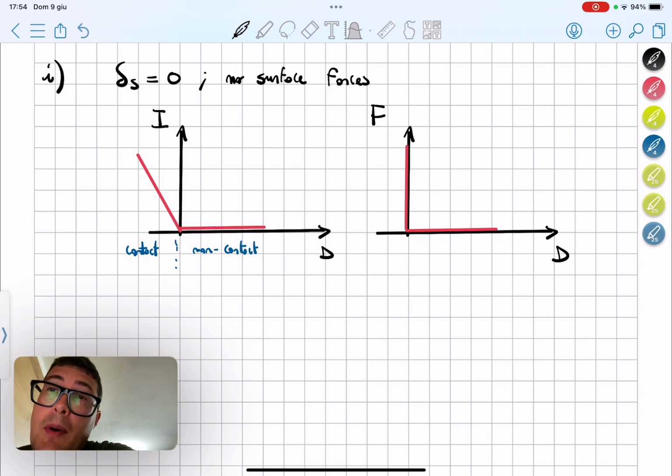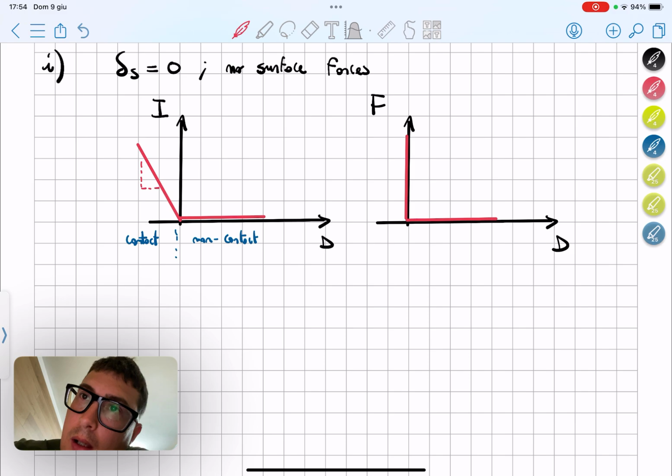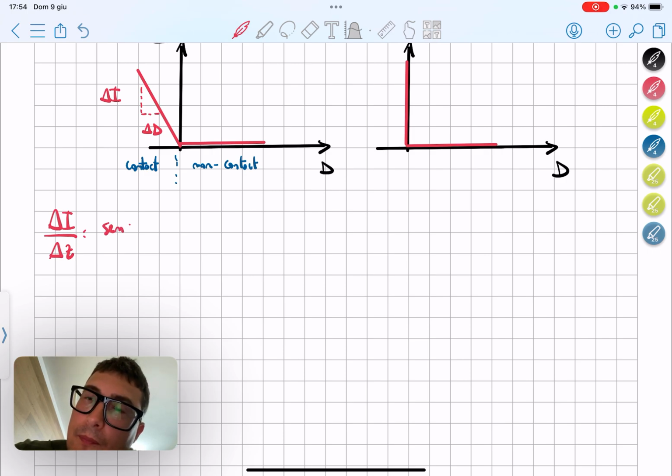What else can we say about this? There is a parameter, the delta I and the delta Z, or delta D, as we like. So delta I divided by delta Z is called the sensitivity.